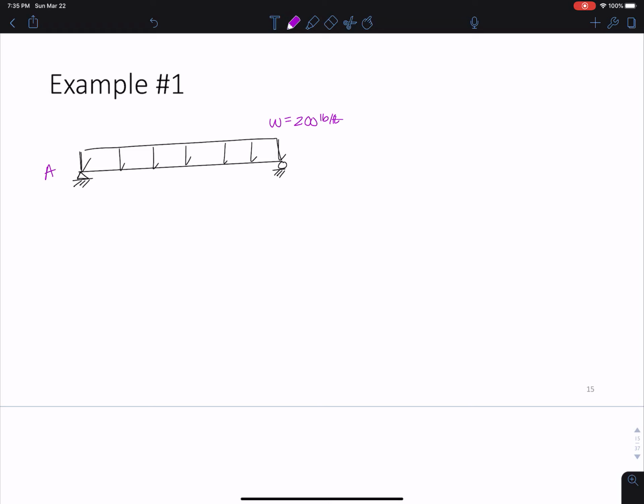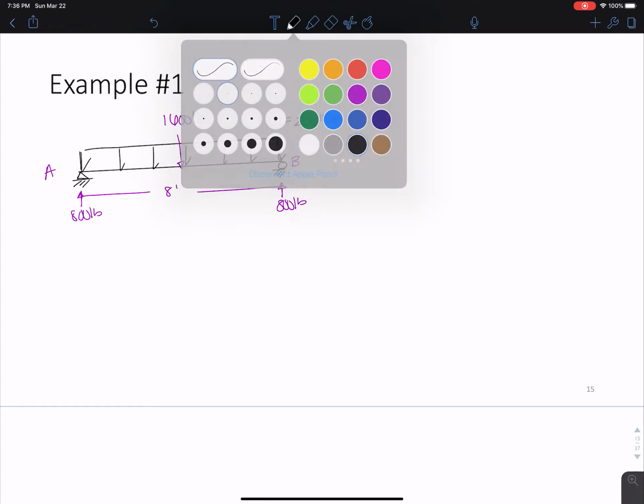We'll call this point A, point B. So here this length is 8 feet. This would be 1,600 pounds. And so this is symmetric, we would get 800 pounds, 800 pounds. And what we want to do is find the max shear stress. So let me write that in the problem statement.